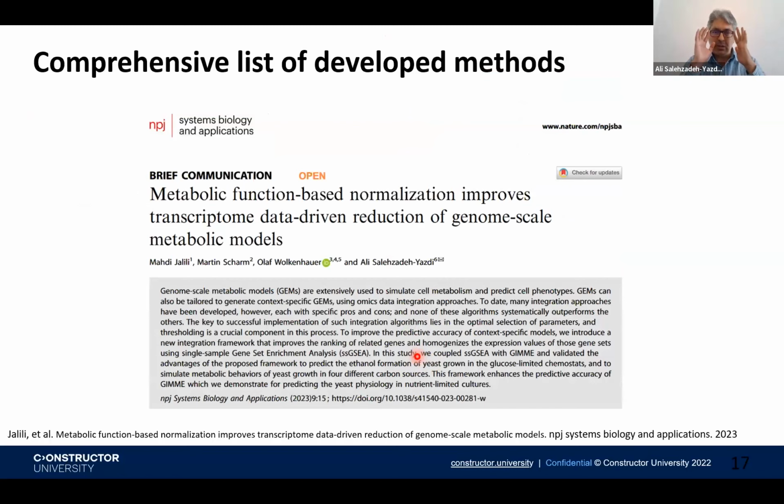If you are interested in the integration algorithms of gene expression and proteomics into the genome-scale metabolic model, this paper could help you. In this paper, we summarize almost all available algorithms and discuss the advantages and disadvantages of each algorithm, the code if it's available, and a brief description of each algorithm.